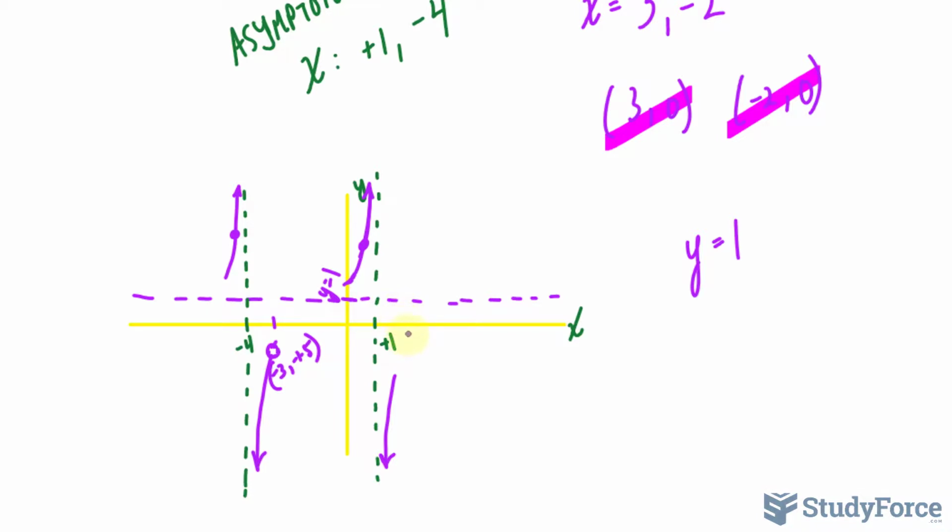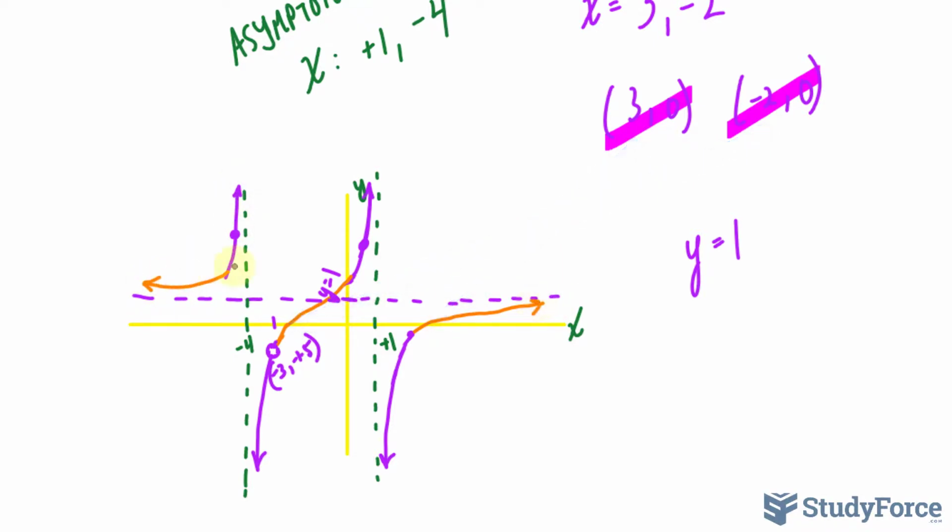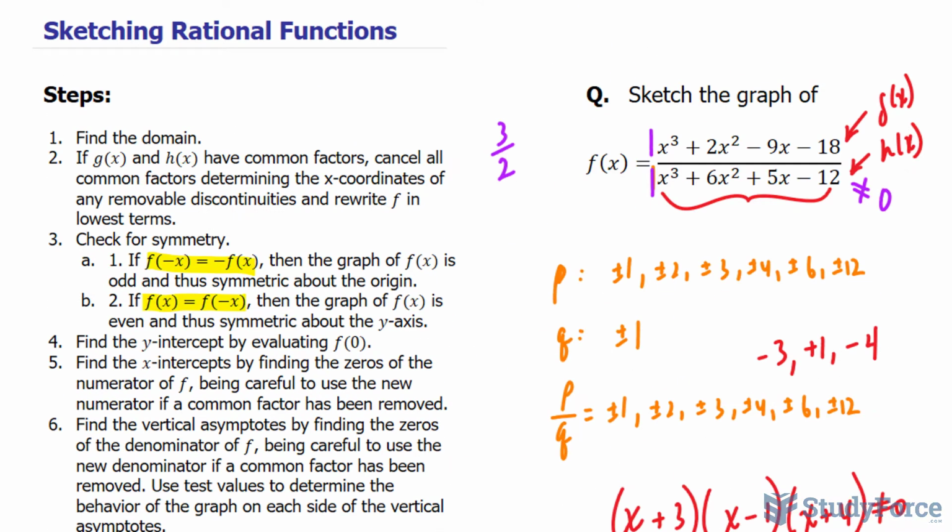Negative 0.6 should be here. Our graph, therefore, should look like this. This part of the curve and this part of the curve do not touch the horizontal asymptote, whereas this from here through here is continuous. And there you have it. That is how to sketch rational functions.